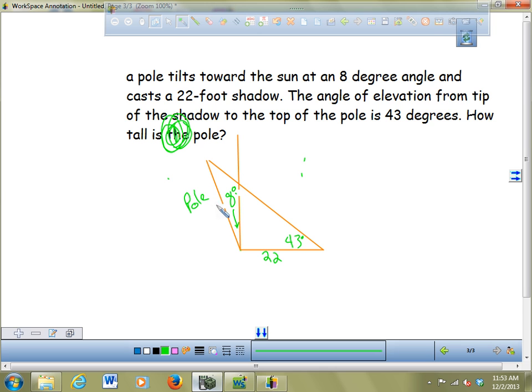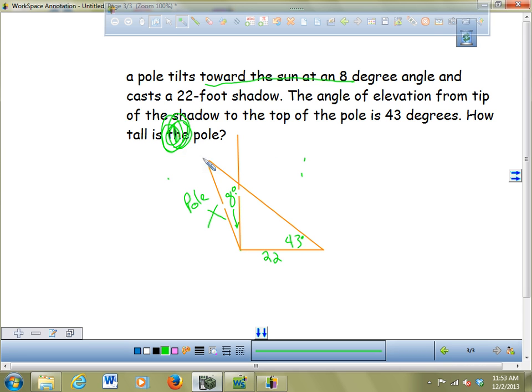Okay? So, why would you draw it like that? Why would you draw the 8 degrees on the other side of the vertical line? Because then it wouldn't be tilting towards the sun. It says towards the sun at an 8-degree angle. Well, then that doesn't make sense. The shadow should be backwards. No, if the sun's up here, the shadow's still going to be shining.